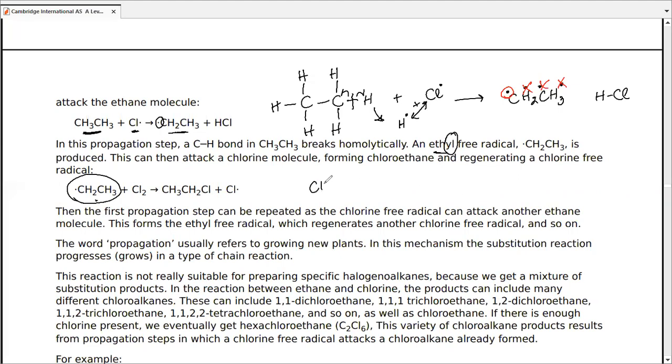For example, if this is butane, if you take hydrogen out of it, this will become butyl free radical. And this is an isomer of butane, which is usually named as 2-methylpropane. So it would be 2-methylpropyl radical.